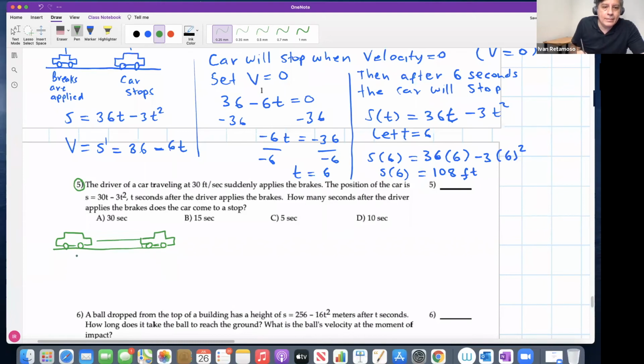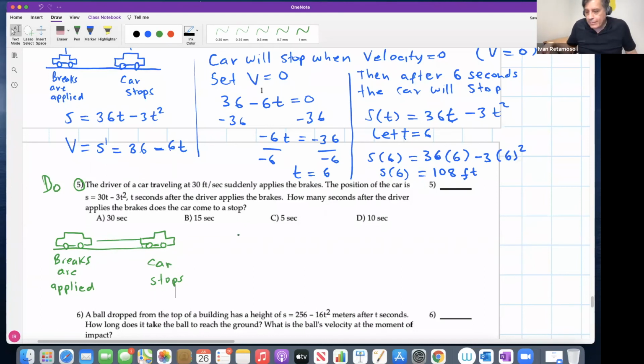So car brakes are applied, and then car stops. They are asking you how long it takes for the car to stop after applying the brakes. Try to figure it out. Follow the previous example if needed.